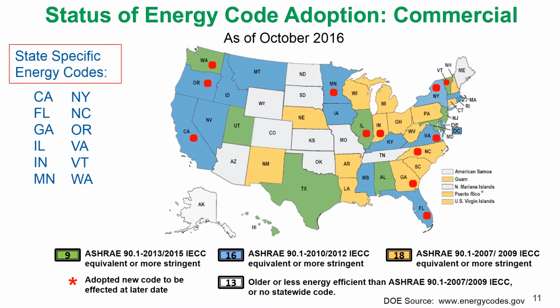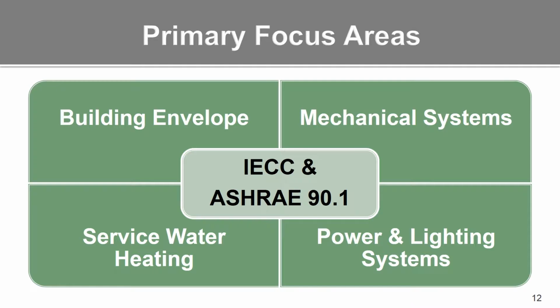So in summary, we will focus on the 2015 IECC and 90.1 2013, but much of the information relates in general to the older codes, although they are likely less stringent in areas.